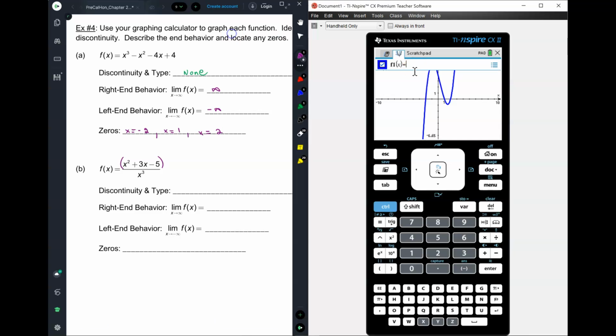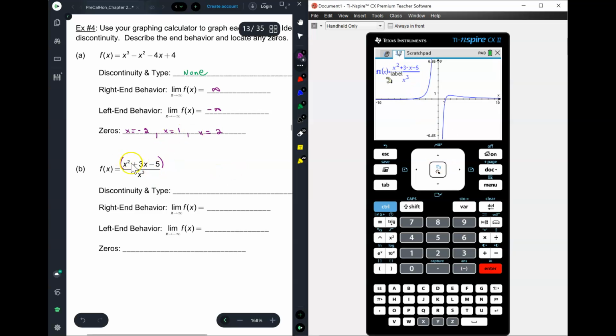So parenthesis, x squared plus 3x minus 5 divided by x cubed. Enter. And I want to make sure that it looks like it does on the paper, right? Which it does. The function here looks like how it looks on my paper.